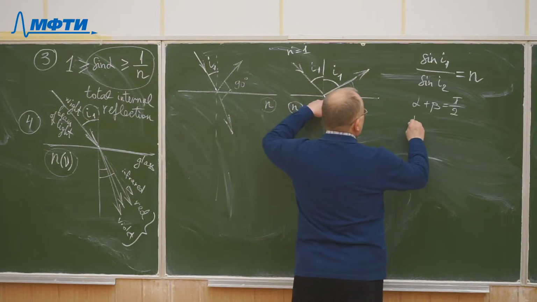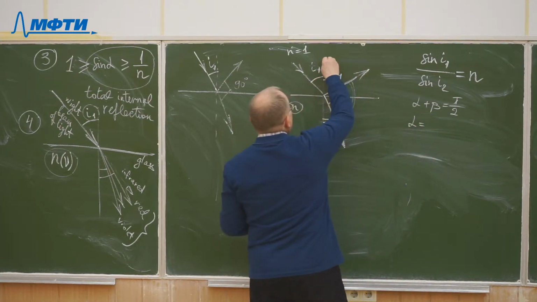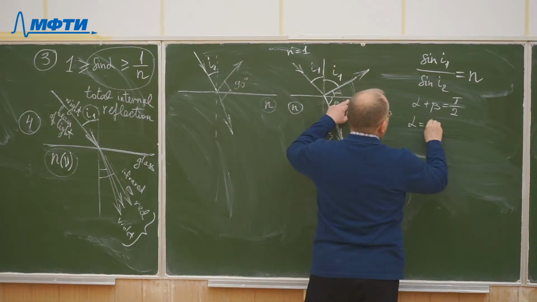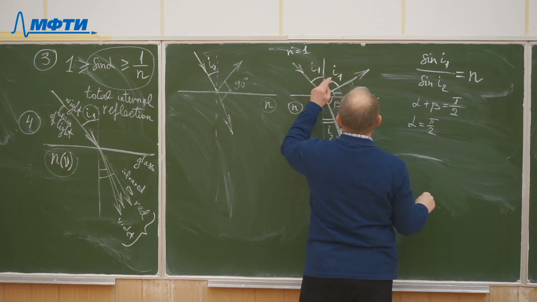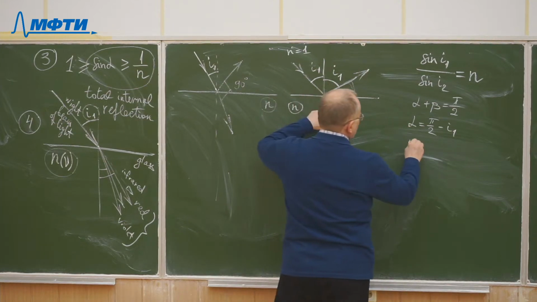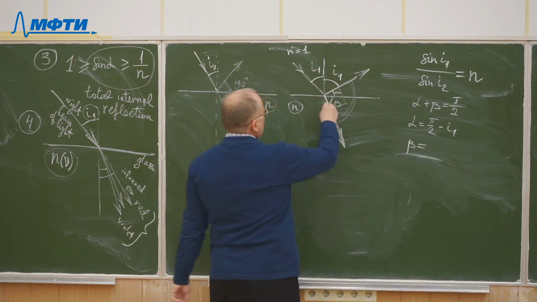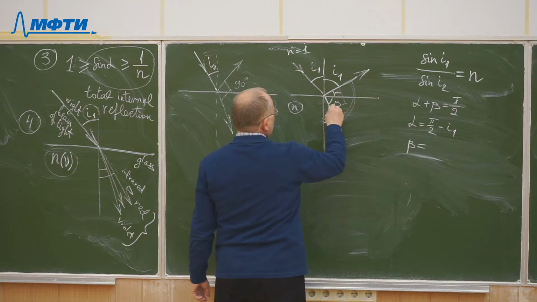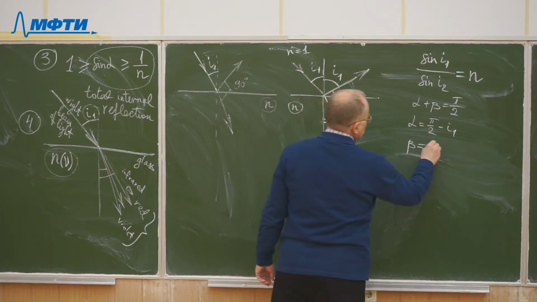Alpha equals 90 degrees, which is pi over 2, the right angle, minus I1. And beta equals, again, the right angle minus I2.